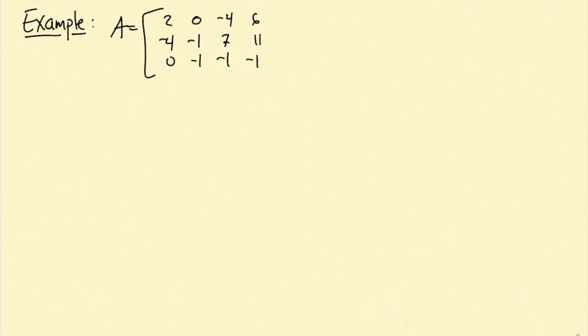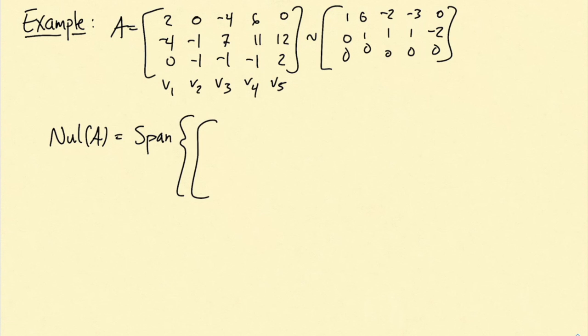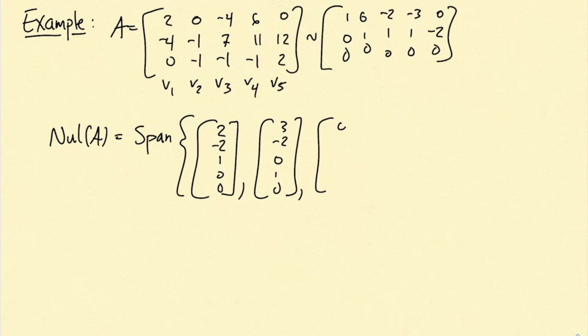For our final example, let's go back to the 3 by 5 matrix A with the following columns. We saw that the null space for this matrix, with columns labeled V1 through V5, was 3-dimensional, and it was spanned by the vectors (2, -2, 1, 0, 0), (3, -2, 0, 1, 0), and (0, 2, 0, 0, 1).